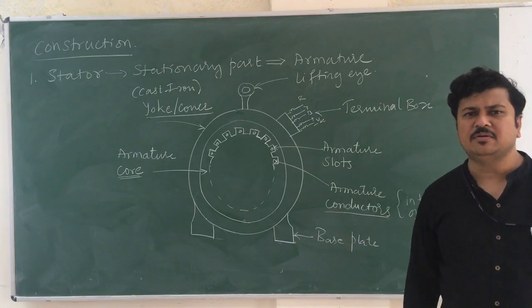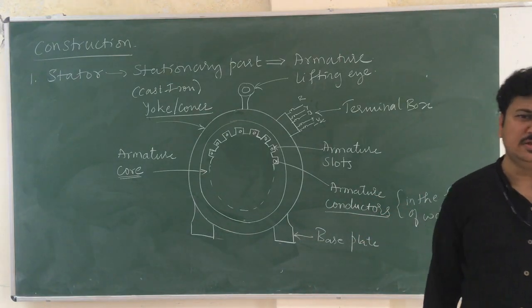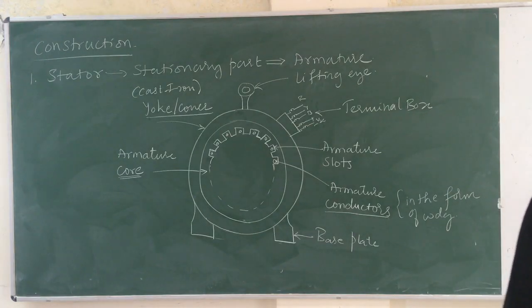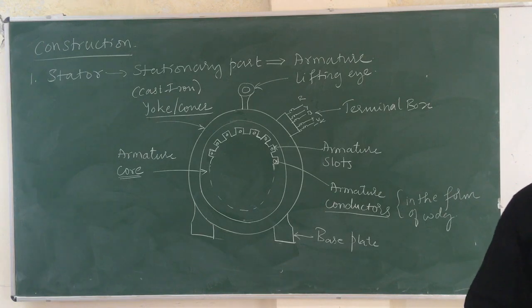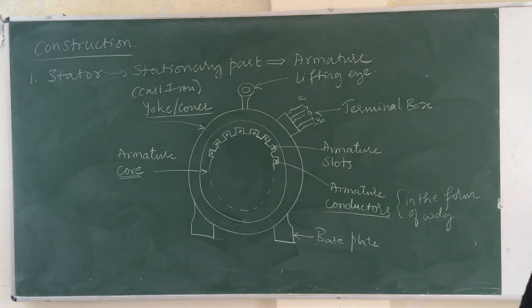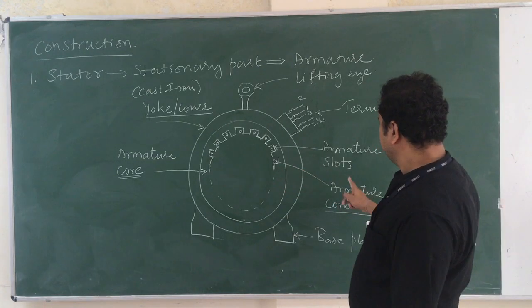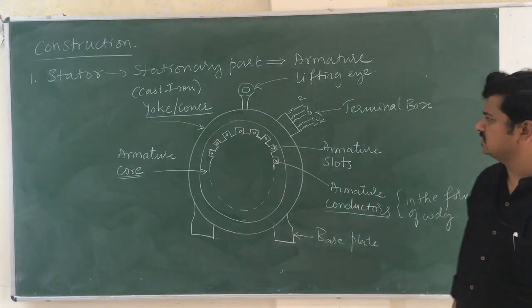A large number of conductors, kept in the form of winding, we will be using in the armature slots. So this is the armature slot, inside which the armature conductor is placed.